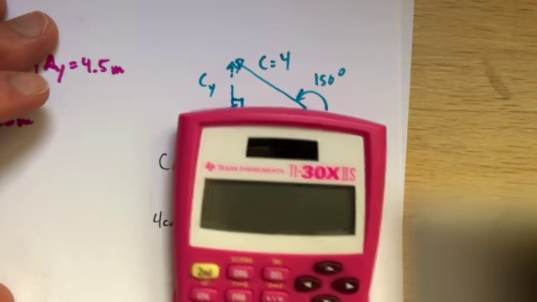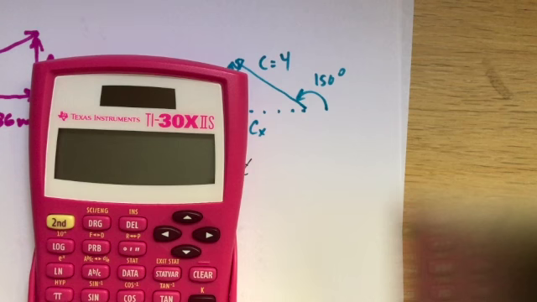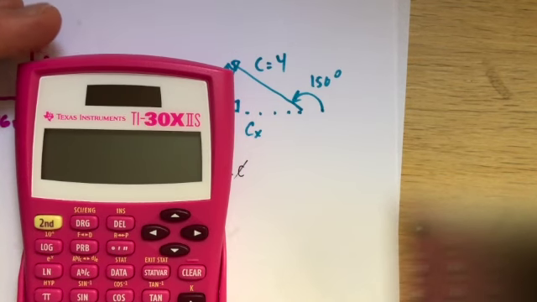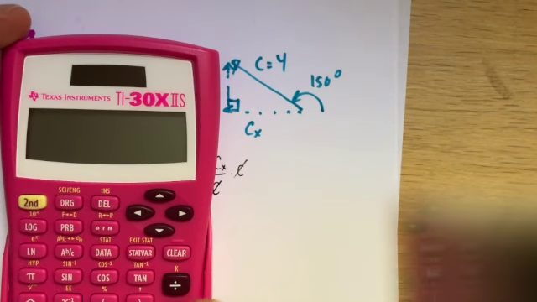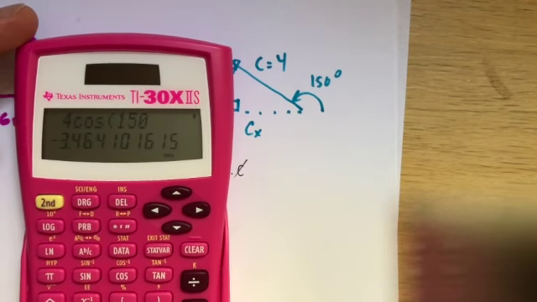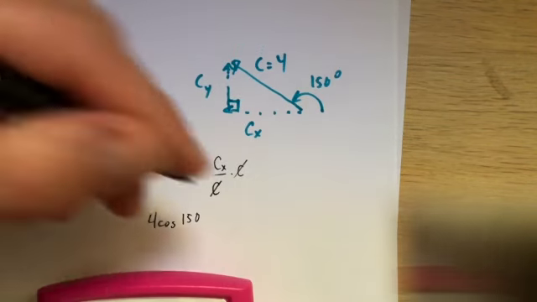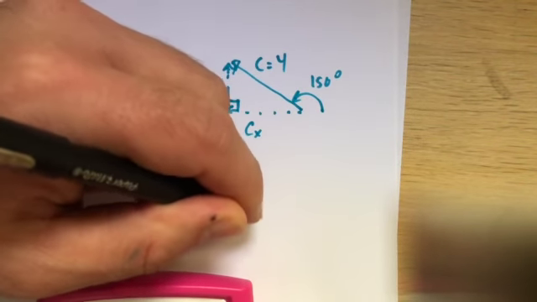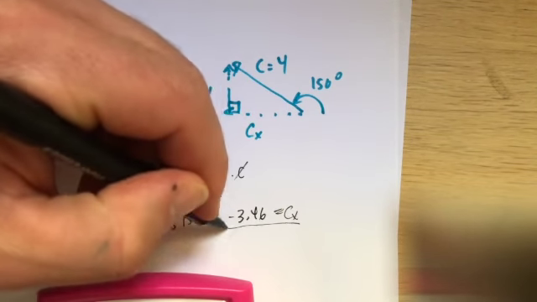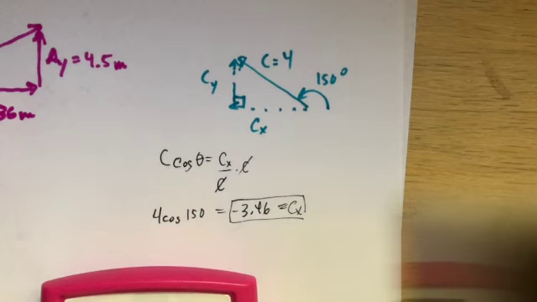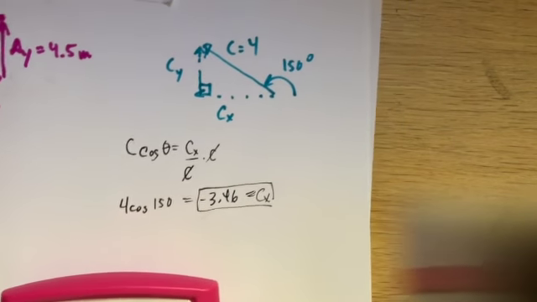And the nice thing about cosine is when you are greater than 90 and less than 270, guess what it comes out as? A negative number. So I go 4 cosine 150, and I get negative 3.46. So this equals negative 3.46 for CX. Then I'll do the same thing for y.